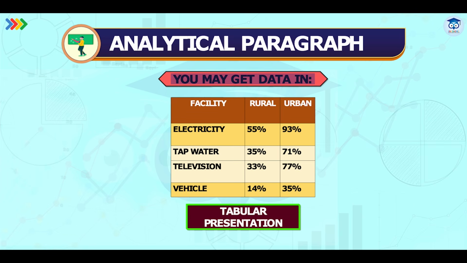For example, a table might show percentages of households with electricity, tap water, television, and vehicle ownership across rural and urban sectors. Such tabular representation helps us clearly compare the availability of these facilities between regions. Understanding how to analyze and describe these tables is vital for writing an effective analytical paragraph.